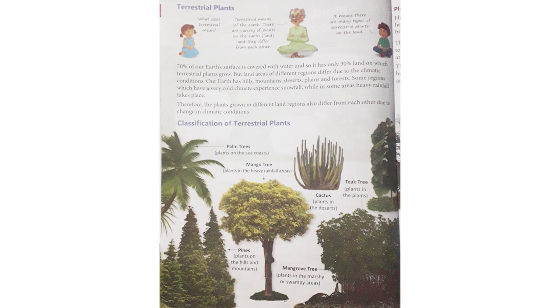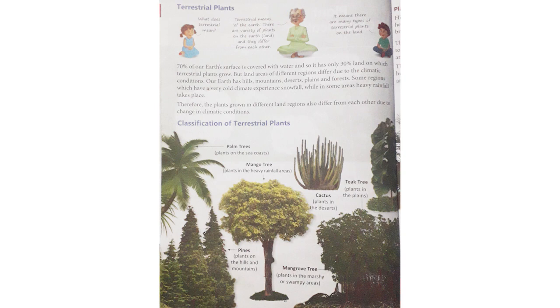The region which has a very cold climate experiences snowfall, while in some areas heavy rainfall takes place. So on the earth there is a variety of climate present. So the plants that grow in different land regions also differ from each other according to the climate condition.